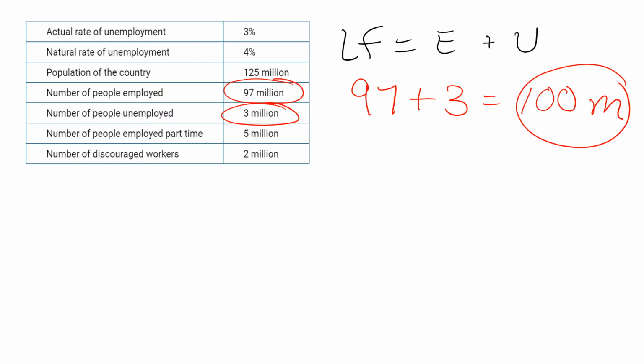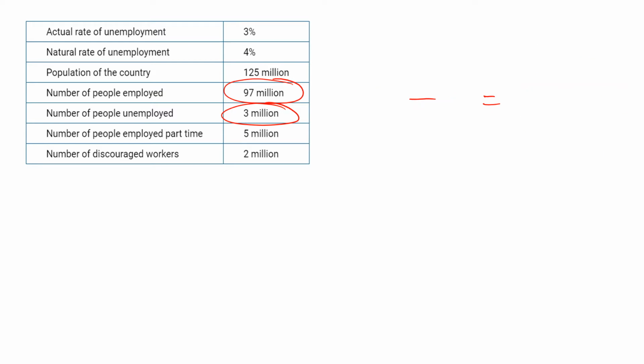Okay, once we know that the labor force is 100 million people, then it's pretty easy to figure out the labor force participation rate. The labor force participation rate is equal to the size of the labor force, which in this case is equal to 100 million, divided by the size of the adult population.